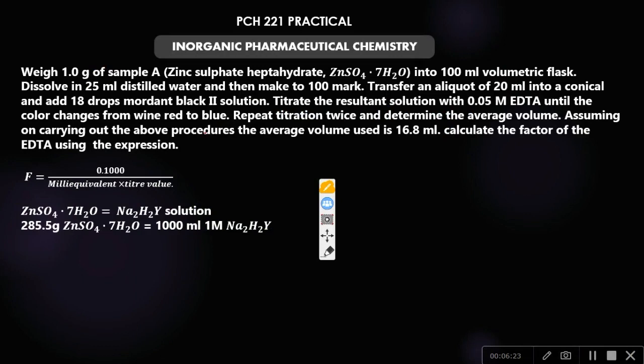Now let us calculate the milli equivalent. They say 285.5 gram of zinc sulfate heptahydrate is equal to 1000 ml of this sodium edetate. Is that okay?